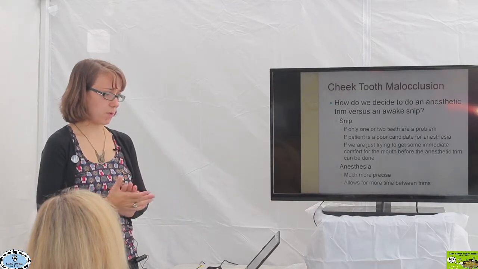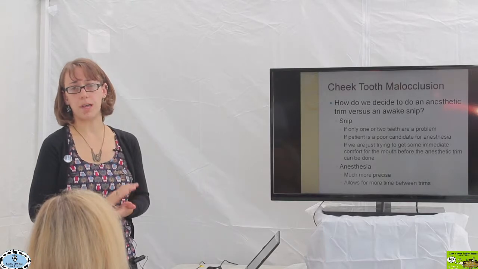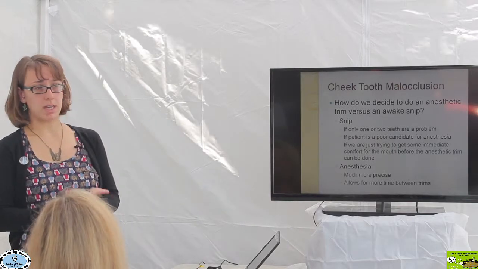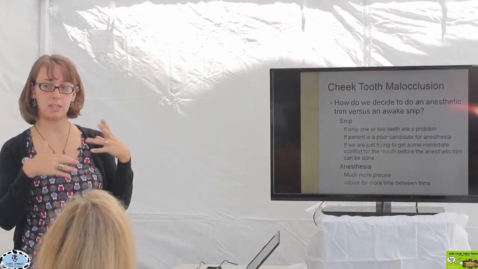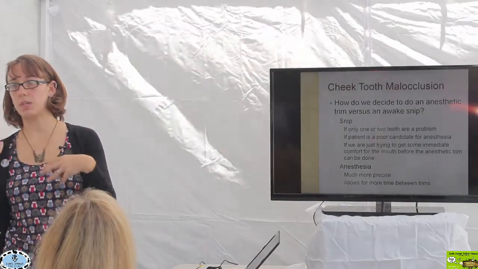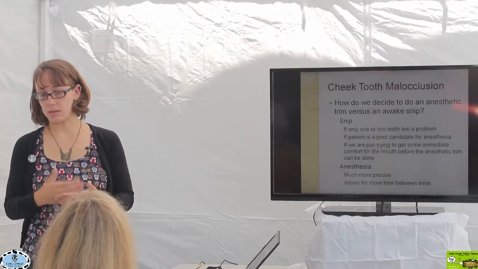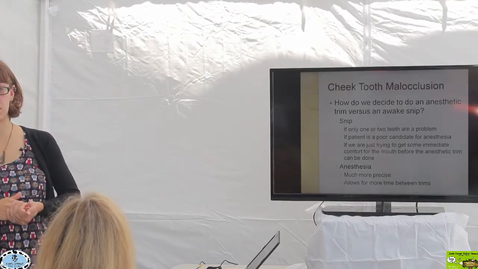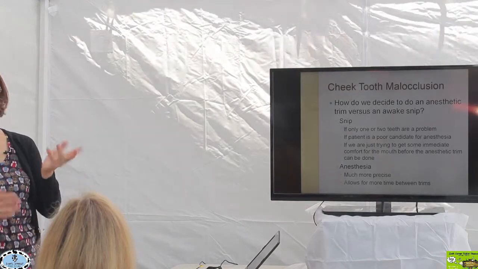The other reason that we will often do molar snipping is to get the animal some immediate comfort and relief. Some rabbits come in that have horrible dental issues and have these big spikes that are poking into their tongue or poking into the gums and causing them a lot of pain in their mouth. We want to get them feeling better right now, because nobody wants to have a dental problem and have to wait a week or two to have it fixed, right?